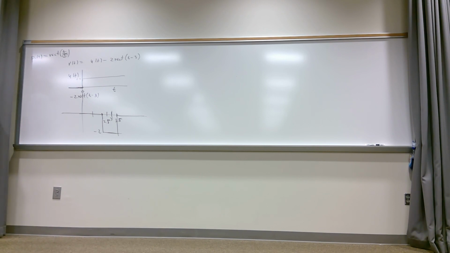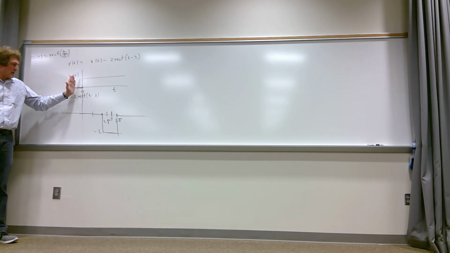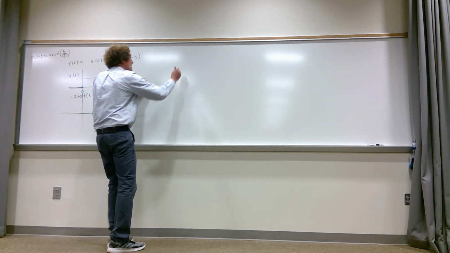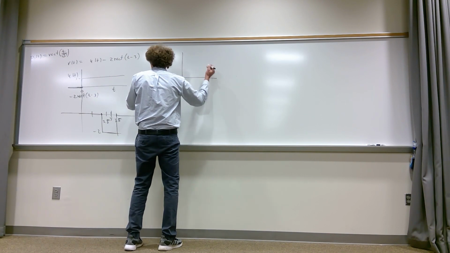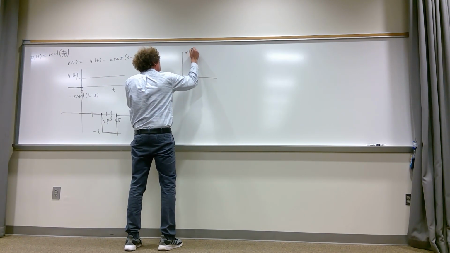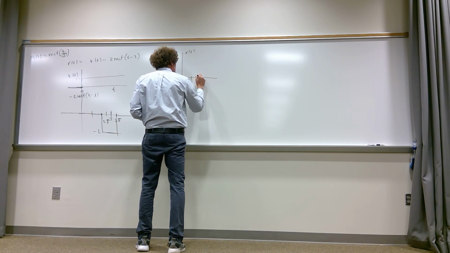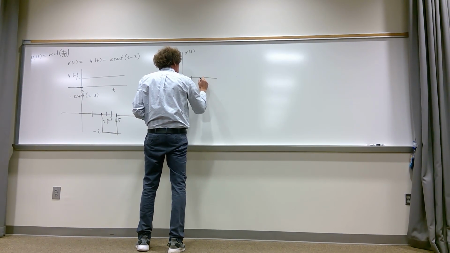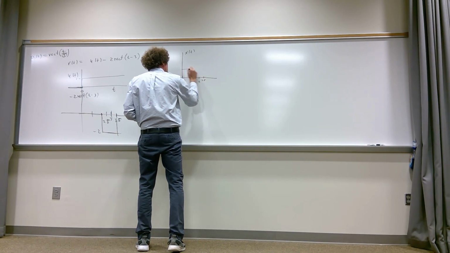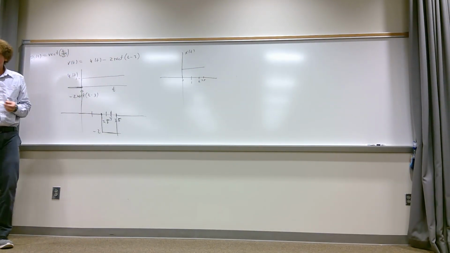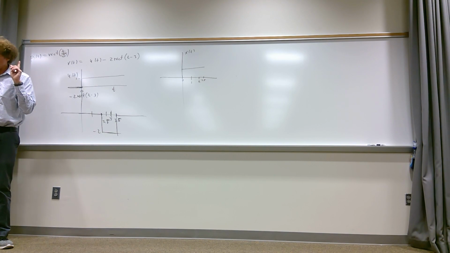So now you just add them together, point by point. And you can see from 0 to 2.5, it's just 1. Then what happens at 2.5, class? To where?